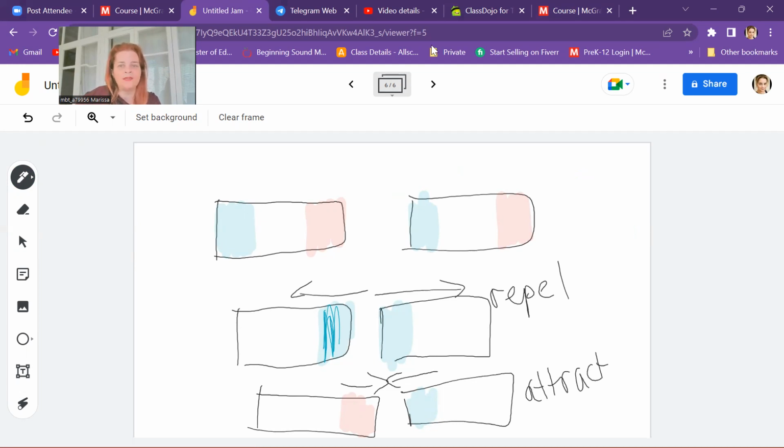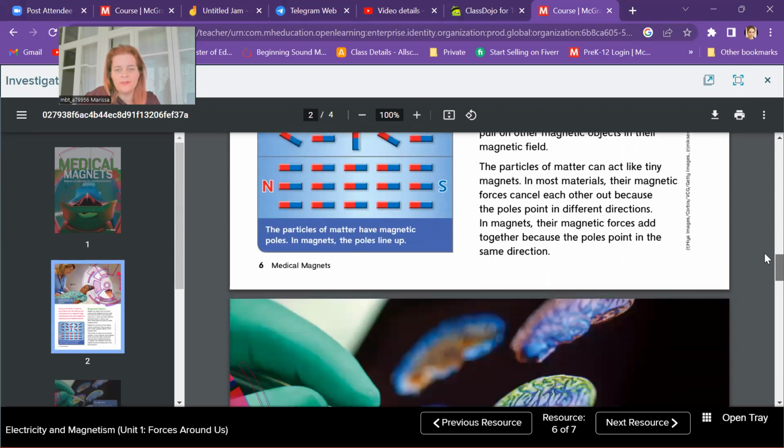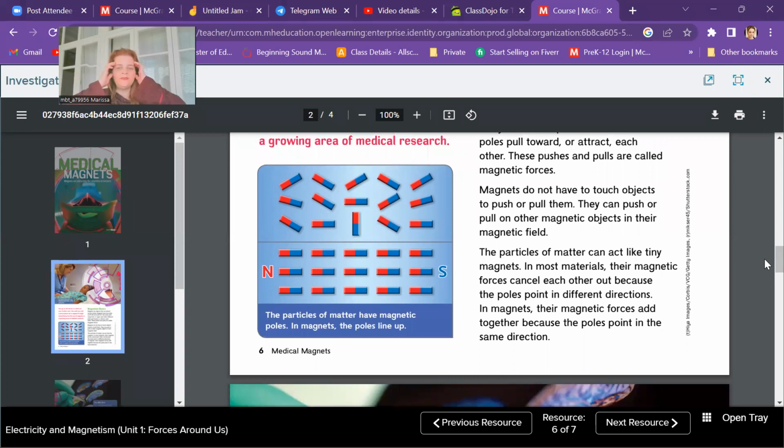Okay, so let's go back to this here. It says the north and the south, like poles, push away or repel from each other. Different poles pull toward or attract, and each of these pushes and pulls are called magnetic forces. Magnets do not have to touch objects to push or pull them.